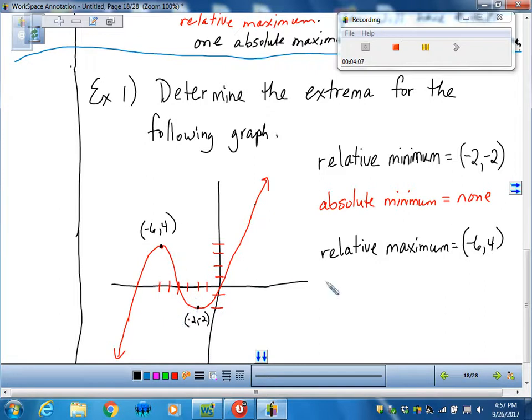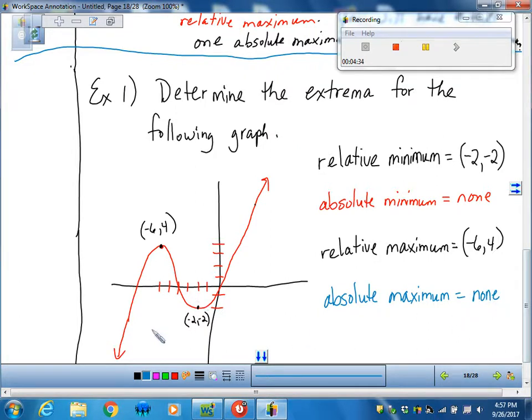Now, is it my highest point on the entire graph? And again, the answer is no, because of the arrow that continues to go up. So for absolute maximum, again, the answer is none. Because the arrow indicates that the graph continues to rise higher, and so it never gets to the highest point.